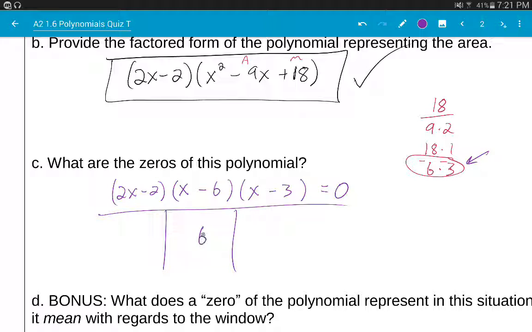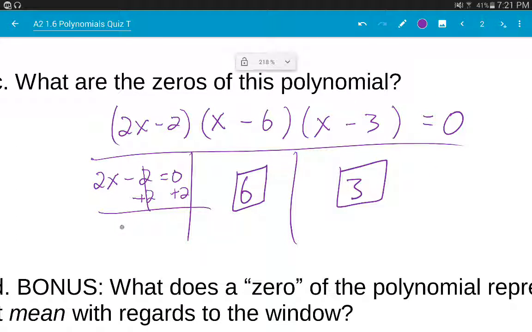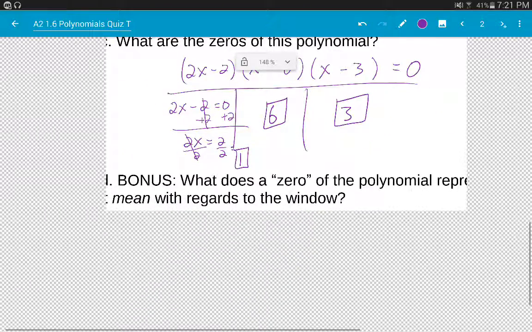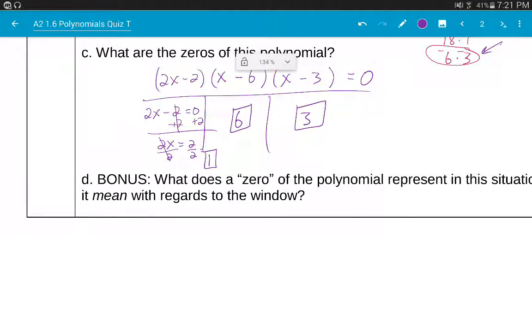Now, this is positive 6, this is positive 3, and 2x minus 2 equals 0, plus 2 plus 2, and 2x equals 2, divide by 2, and x is equal to 1, because 2 over 2 is 1. Those are my 3 zeros of that polynomial.